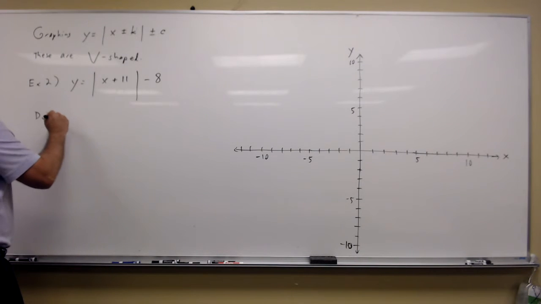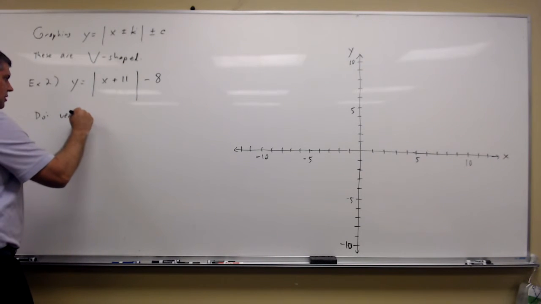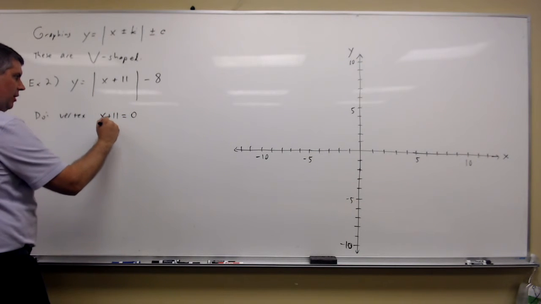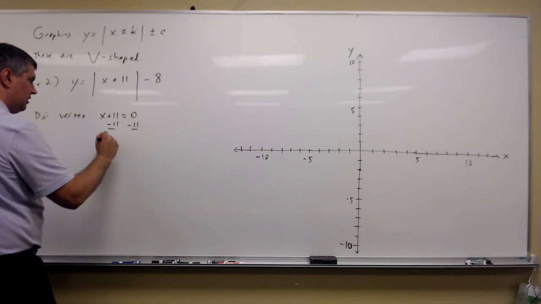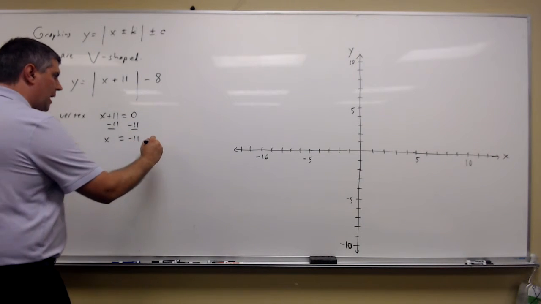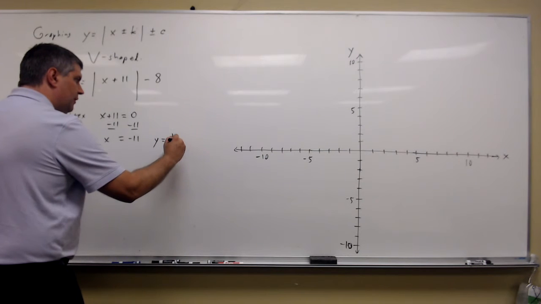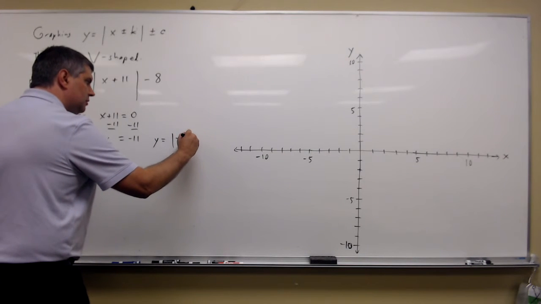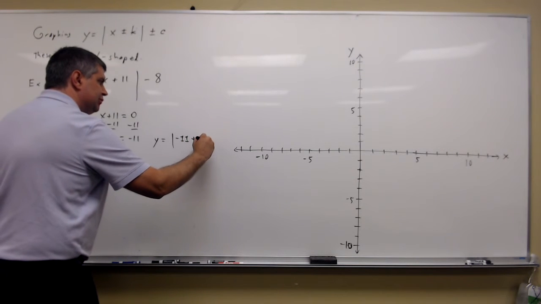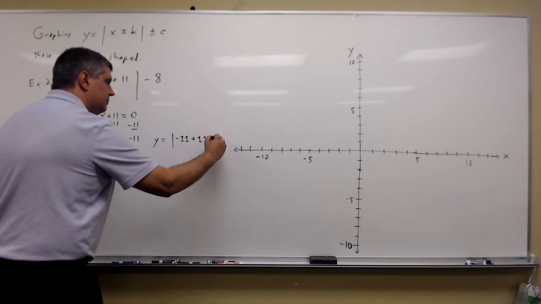So the vertex will be where the argument x plus 11 equals 0. Subtract 11, x equals negative 11. So y would equal the absolute value of negative 11 plus 11 minus 8.